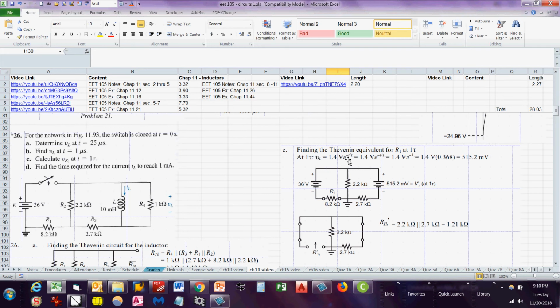So 1.4 times e to the minus t over tau. You put in t equals 1 tau, tau equals tau, so 1.4 times e to the negative 1 equals 515.2 millivolts. So they put that back in there, and then R1 is the load now. So they redrew the circuit like that.